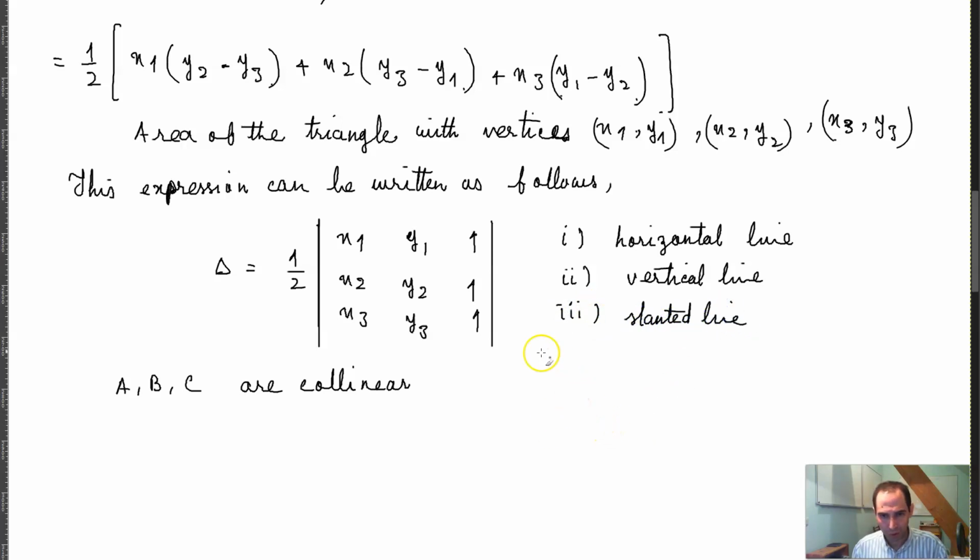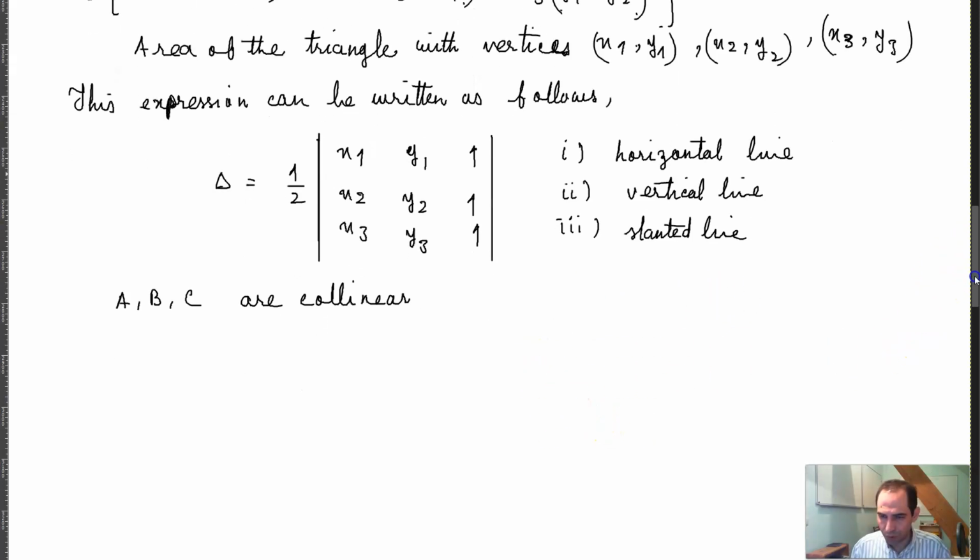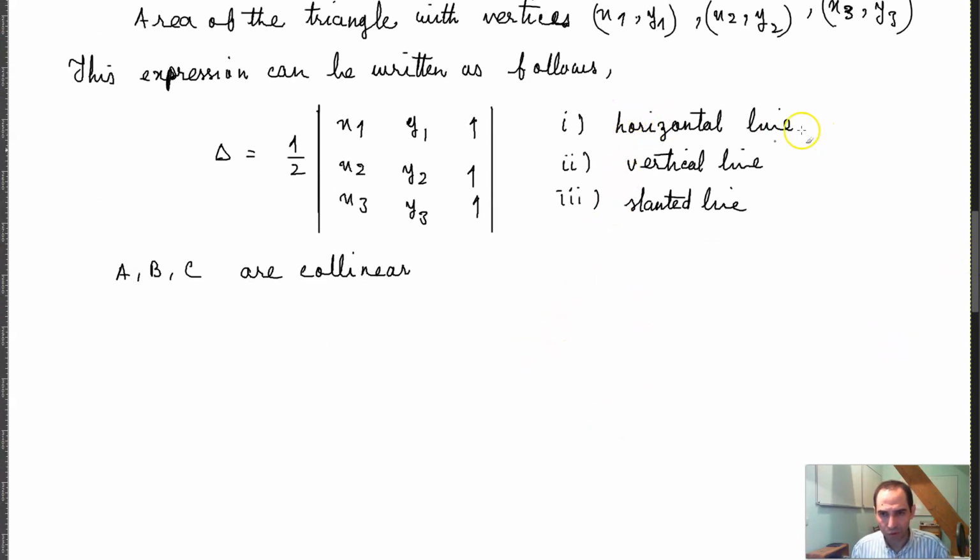So if the 3 points are on a horizontal line, you have the 3 points on this line, and you can see that the y coordinates of all of these 3 points are the same. That means that y1 is equal to y2 is equal to y3.